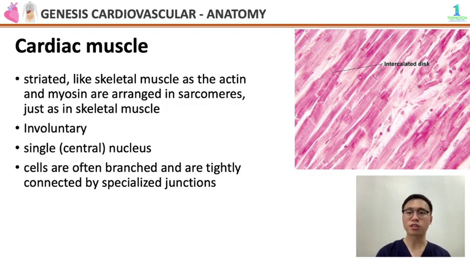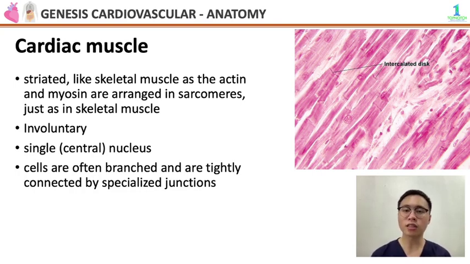So, cardiac muscles are striated like your skeletal muscles because they have actin and myosin filaments that are arranged in sarcomeres. So, that particular arrangement will give rise to the striations. Okay, they are involuntary, much like, what else is involuntary? Smooth muscles, right? Lining our internal organs.